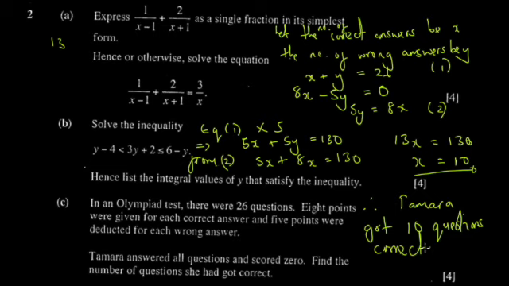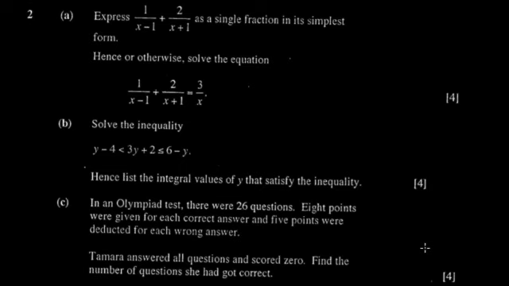And if she got 10 questions correct, let's see if this actually works out. Okay, so you're revising and you just want to check. So she got 10 questions correct, and she was getting 8 points for each correct answer. Okay, so 8 by 10, you get 80 here.